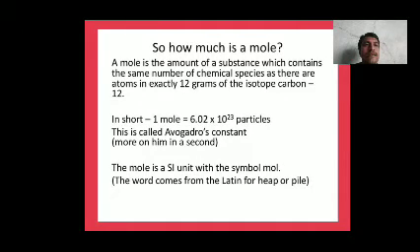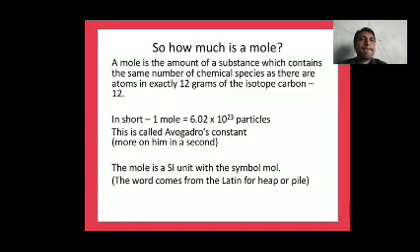This is called Avogadro's constant. More on him in a second. The mole is an SI unit with the symbol mol. The word comes from the Latin for heap or pile.